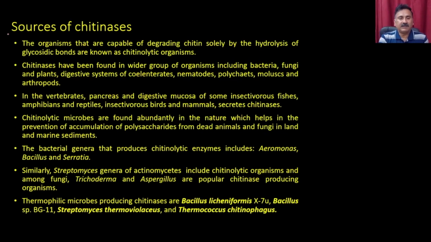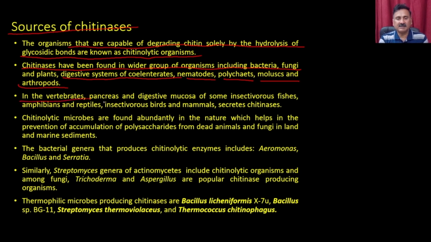Sources of the chitinases. The organisms that are capable of degrading chitin solely by the hydrolysis of glycosidic bonds are known as the chitinolytic organisms. Chitinases have been found in a wide group of organisms including the bacteria, fungi, plants, digestive system of coelenterates, nematodes, polychaetes, mollusks, and arthropods.